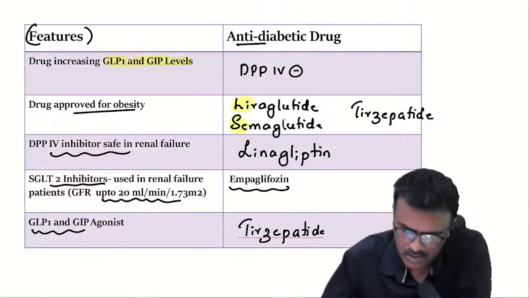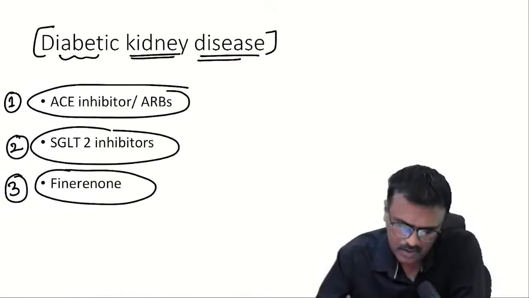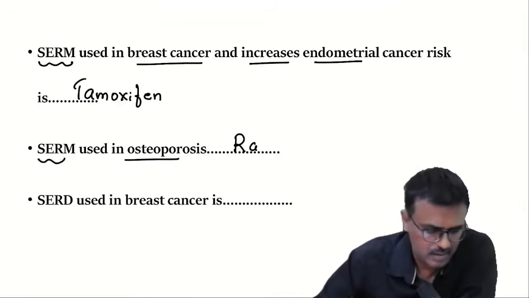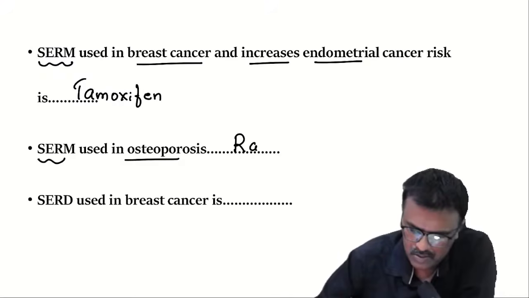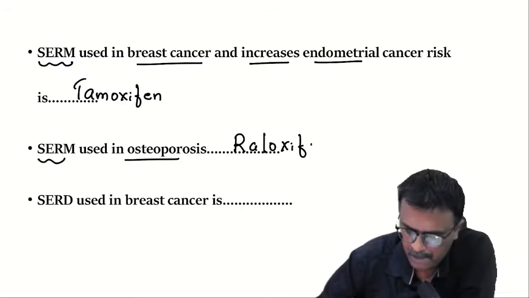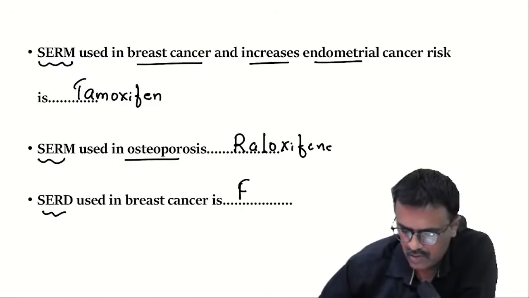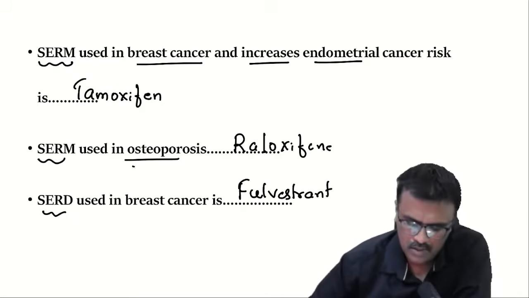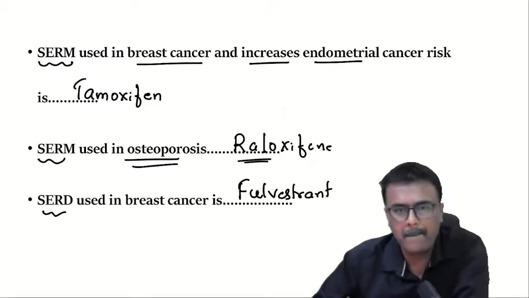I think there is a lag, that's why. The SERM which is used in osteoporosis is raloxifene. What is the third one used in breast cancer? The name is called fulvestrant. So these are all the drugs for breast cancer, and for osteoporosis, raloxifene.